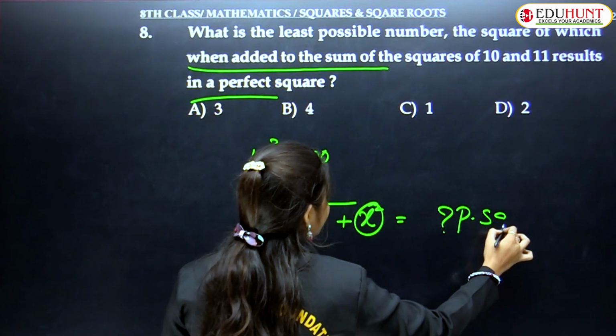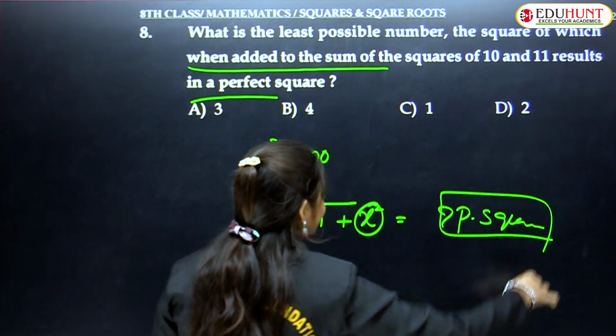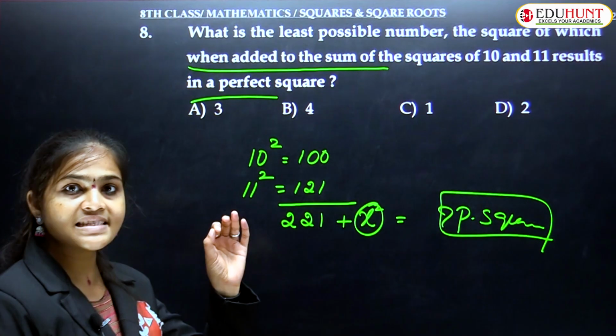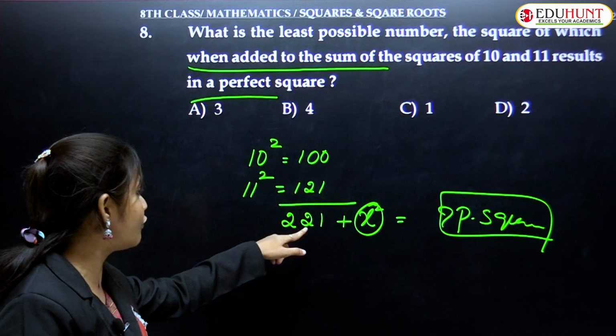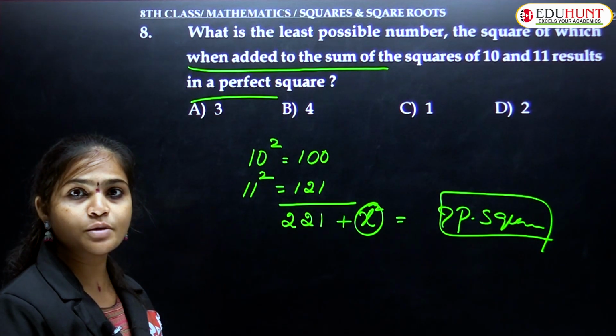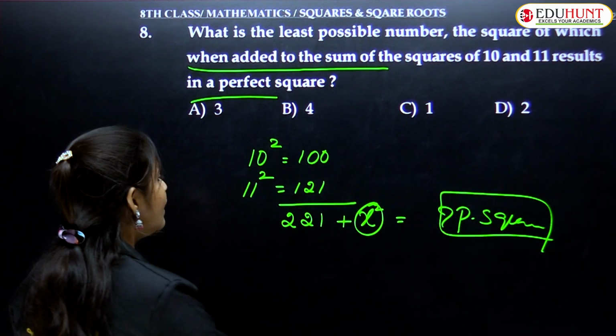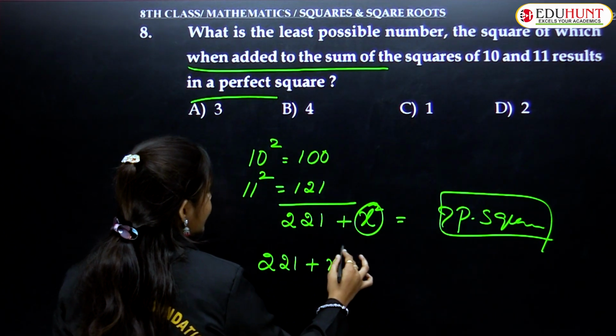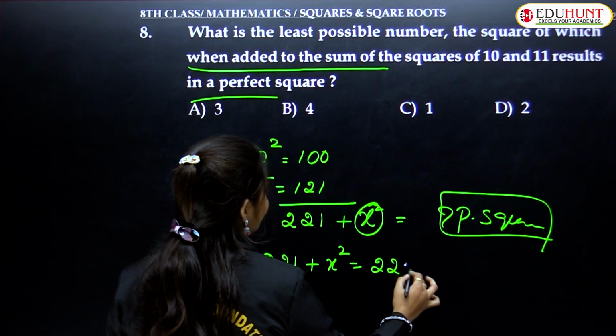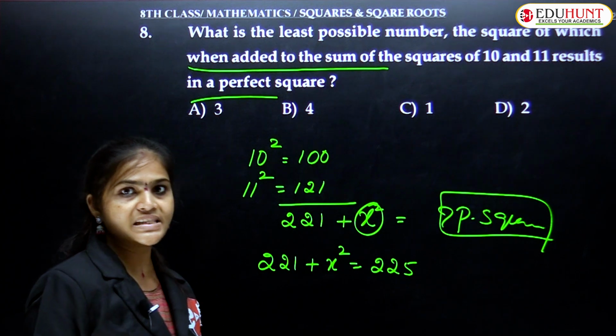This also should be a perfect square. So when it is possible here, what is the nearest perfect square of 221? Nearest perfect square of 221 is 225. So 221 plus x square is equal to 225. Why? Because 225 is the perfect square.